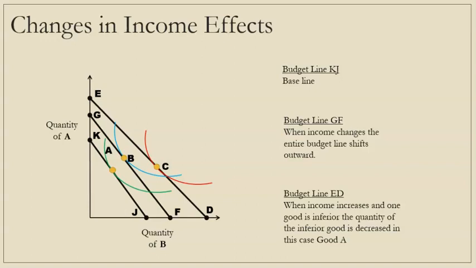In this case, that would be A, because it has a smaller increase between E and G than F and D. So good B would be more of a normal good, and good A would be an inferior good in this graph.